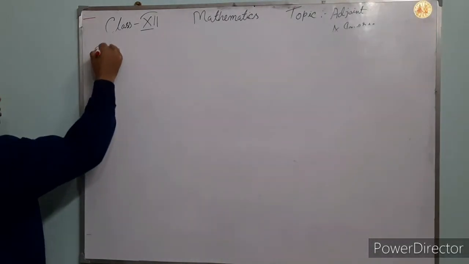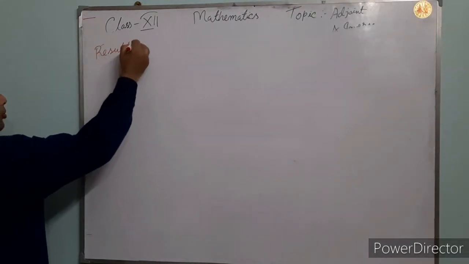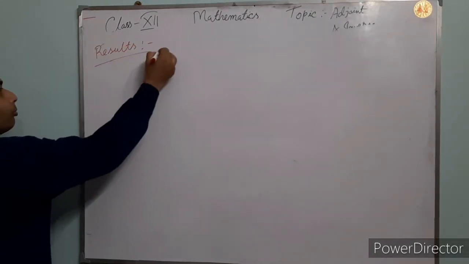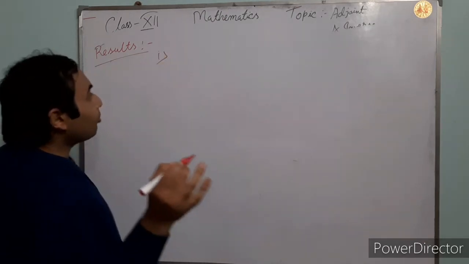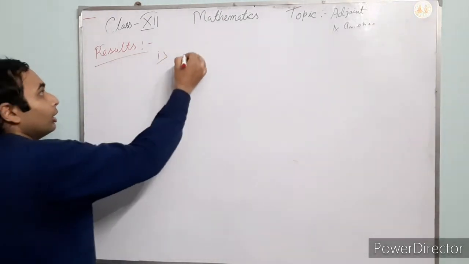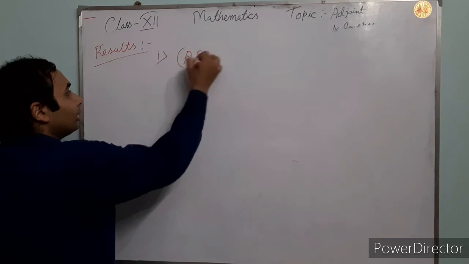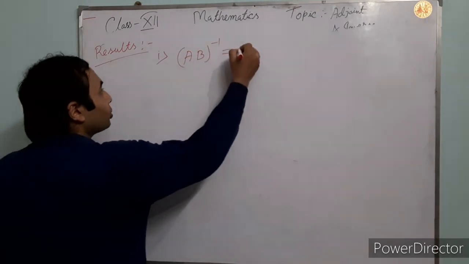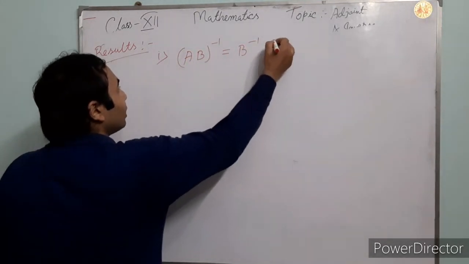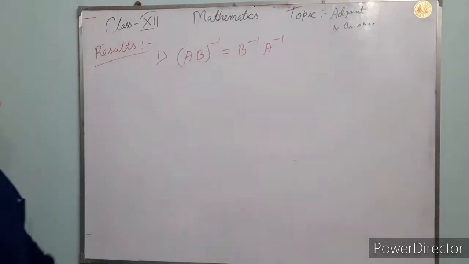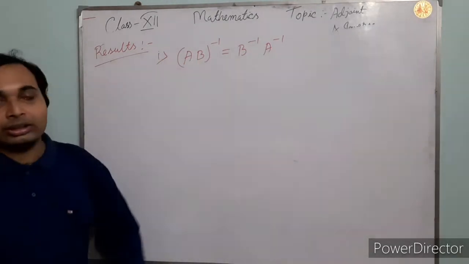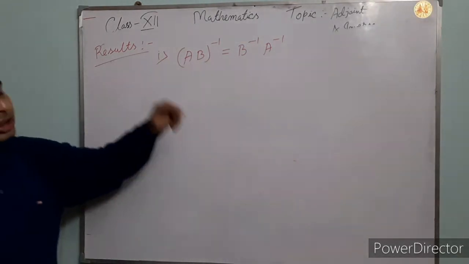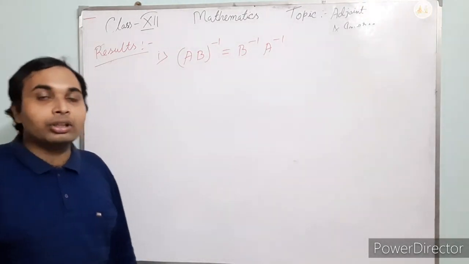So results. Number 1, very much important: (AB) inverse equals to B inverse A inverse. A and B are square matrices of the same order.